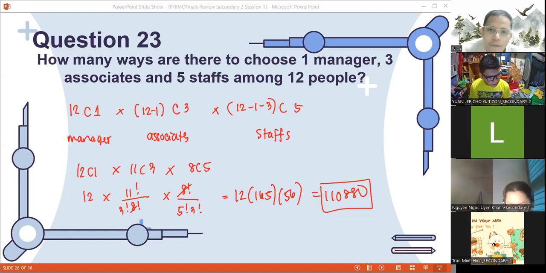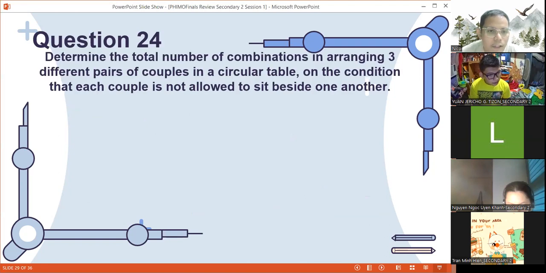Okay, let's have number 24. Determine the total number of combinations in arranging 3 different pairs of couples in a circular table, on the condition that each couple is not allowed to sit by one another. Okay. So this one here, you notice arranging 3 different pairs of couples in a circular table.